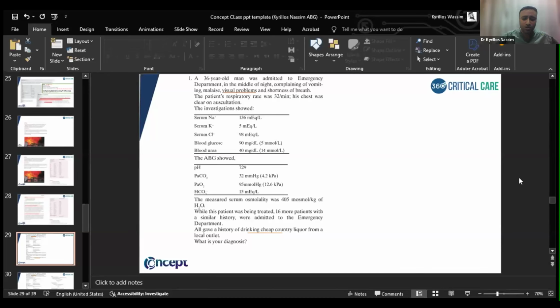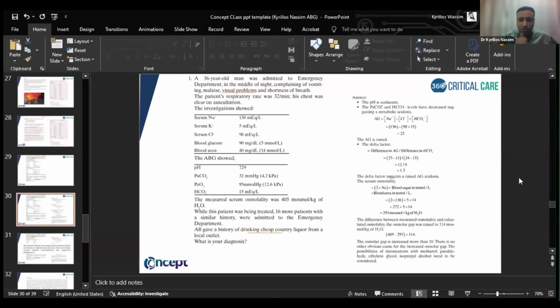I think we all have the diagnosis, which is always related to alcohol. But how can we answer this question? I give this question to show the approach, how to answer this question. We have a pH that is low and the CO2 is low, so it is a metabolic disorder. The bicarb here is low, so it is a metabolic acidosis.